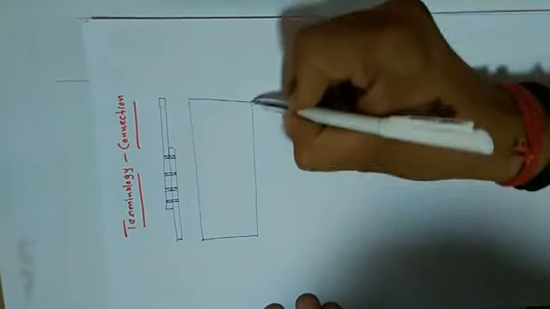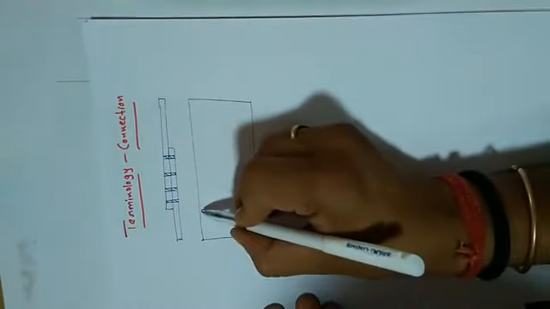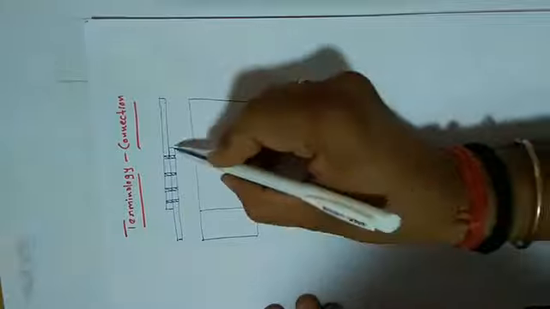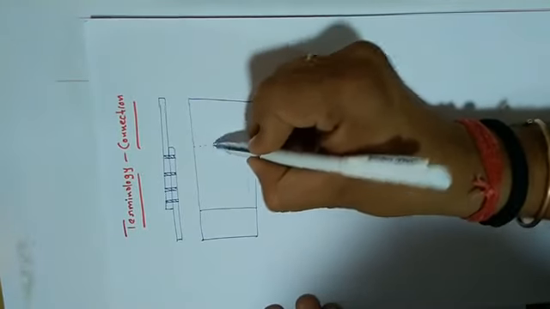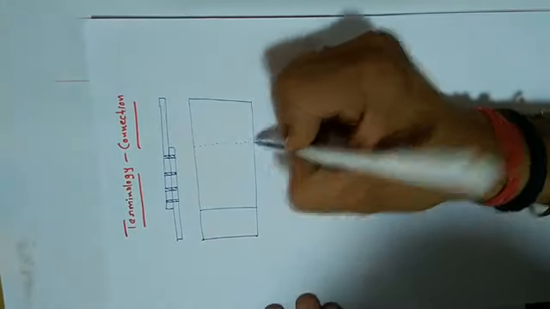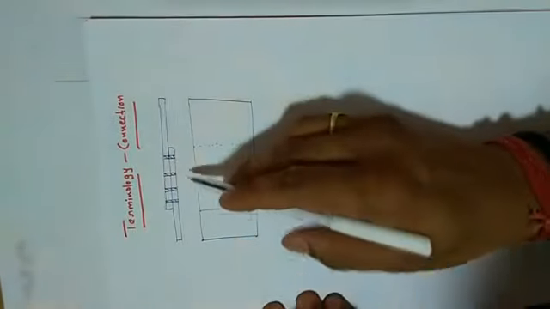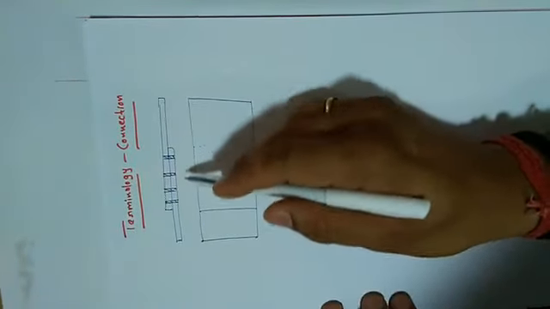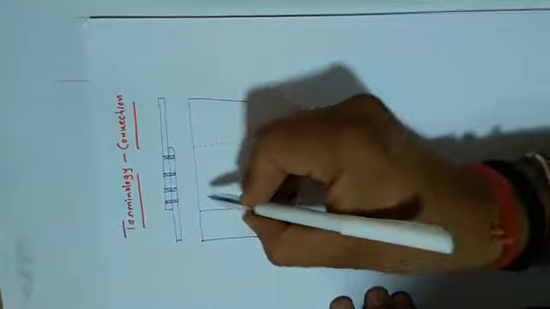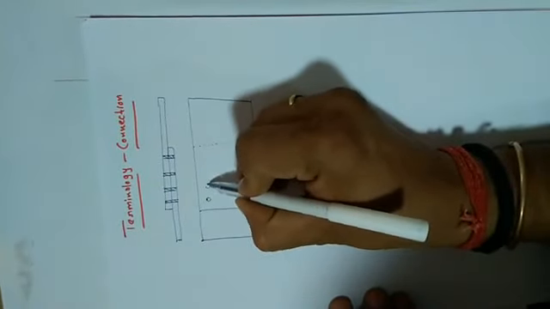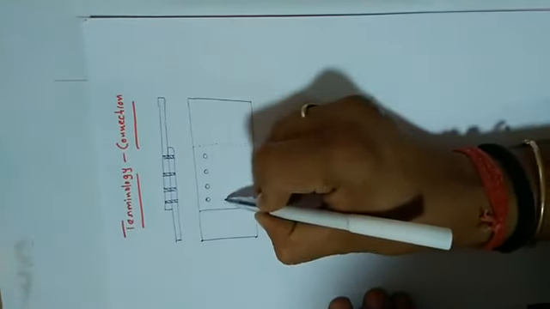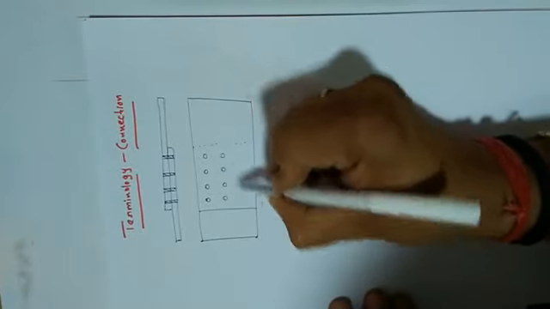I can see both edges and I can see this edge. I can't see the bottom plate edge, so I am drawing it as a dotted line, and from the plan I can see all the bolts, which are placed in a pattern like this. So this is called a chain pattern.